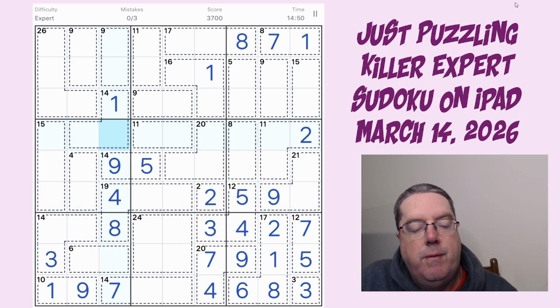Could be 8 and 5 there. Or it could be 5 there. 1, 3, 4. It'd have to be 2 and 8 in this column here, which actually works. Okay.